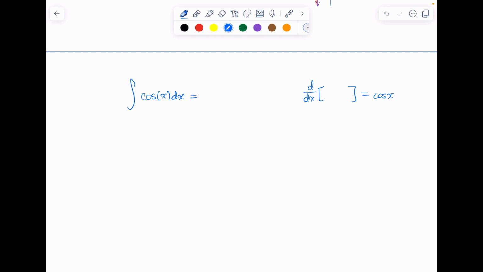Well, we know what function has the derivative cosine of x. It's on your green sheet, right? That's sine of x. So that's actually the answer to the integral over here. The integral of cosine of x is sine of x plus c.